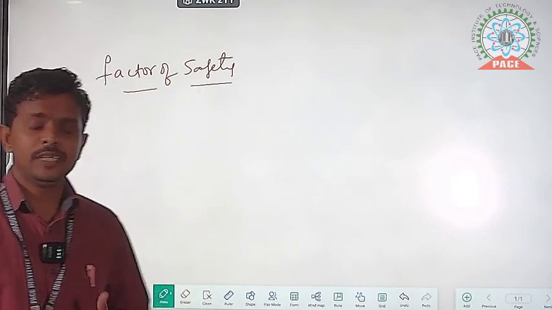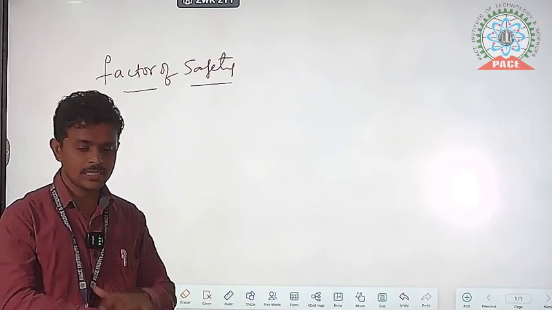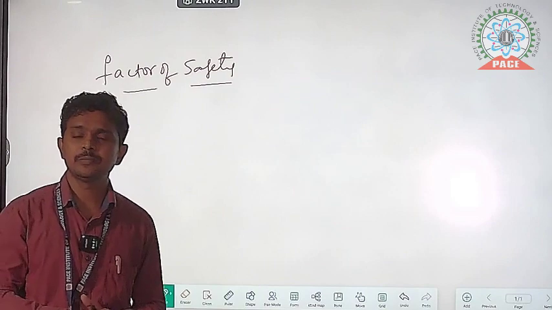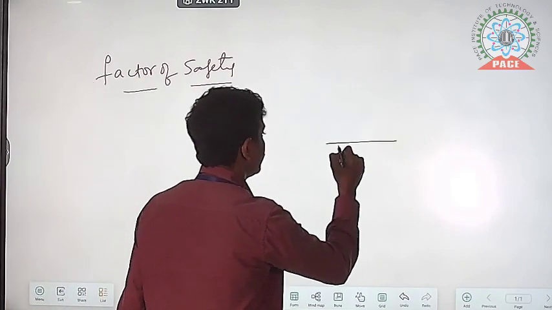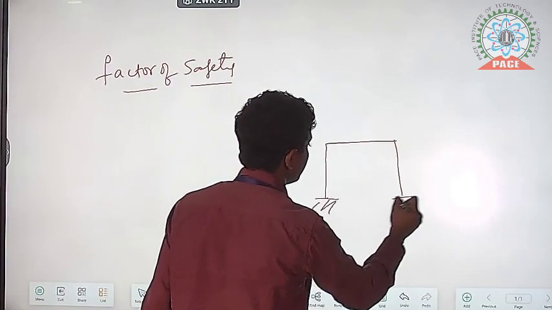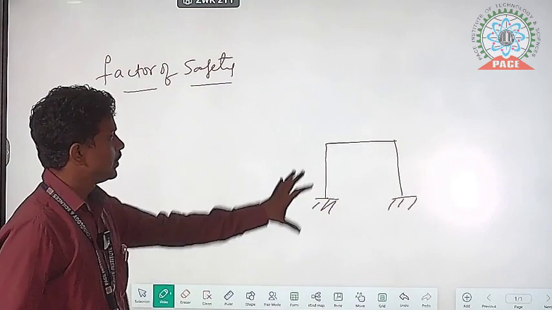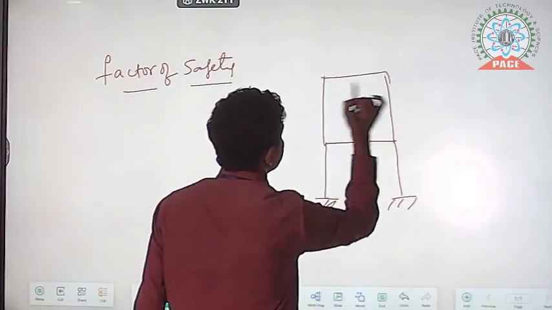This beam is there. Otherwise one slab is there. This is a slab. Another staircase is also here. This is a slab. The slab capacity is maximum 100 people, 100 students.